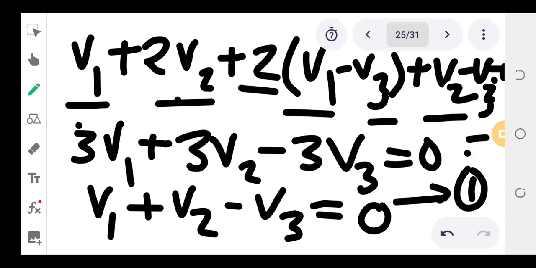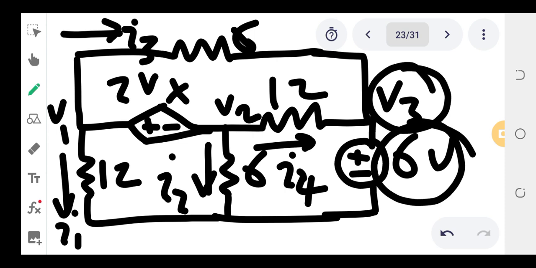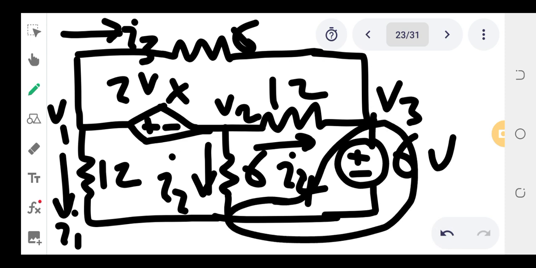So this is equation 1. Having that, what we need to know again is, let's go back a bit. This voltage V3 is equal to this 6 volts, because in this region we don't have any resistor that will cause a voltage drop, so that at V3 we have a different voltage.